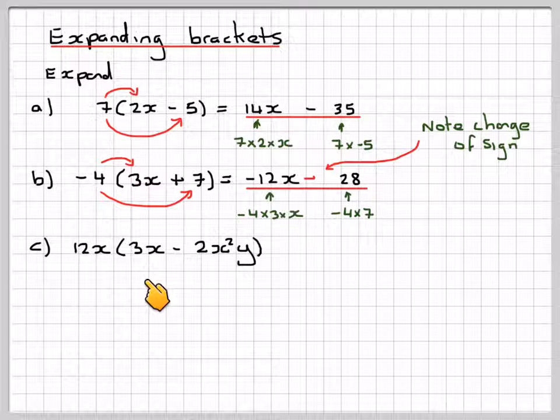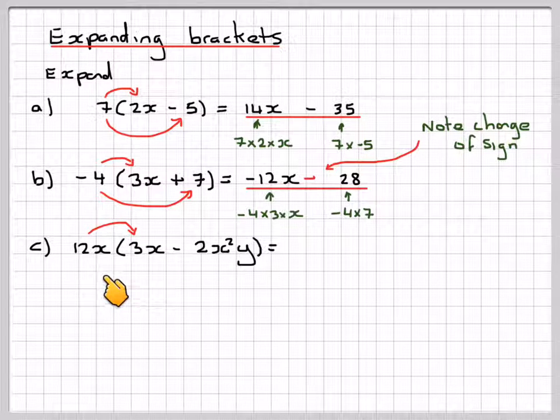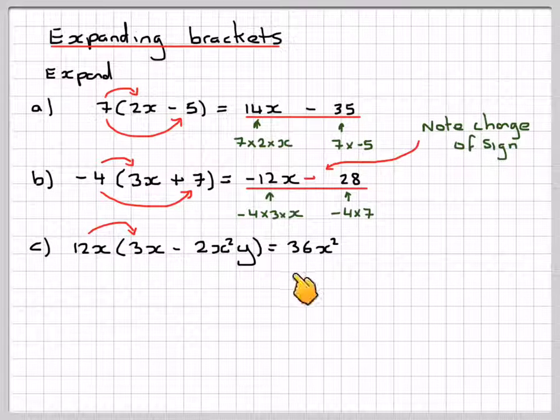C. 12x brackets 3x minus 2x squared times y. So we're going to do 12 times x times 3 times x, which gives me 12 times 3, which is 36, and x times x gives me x squared.